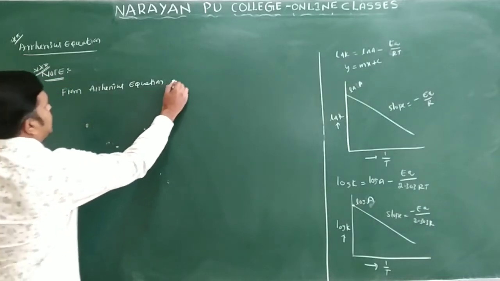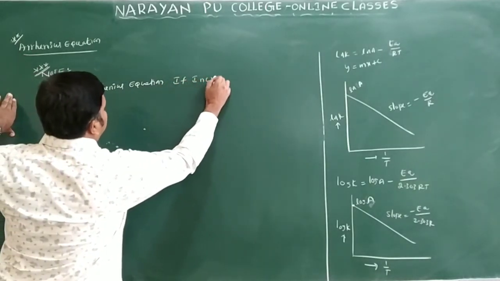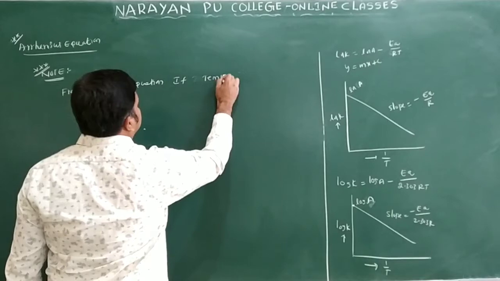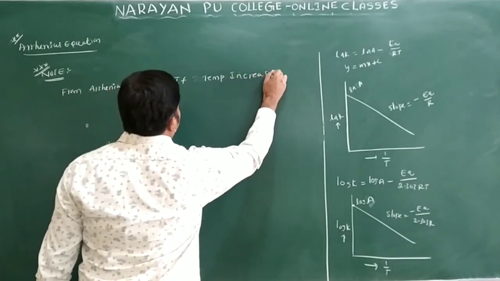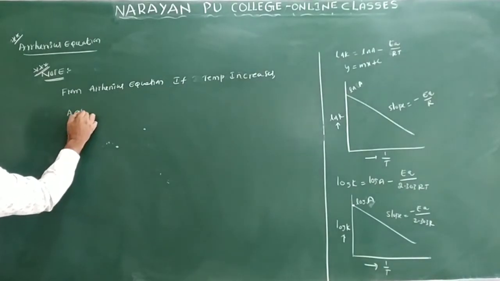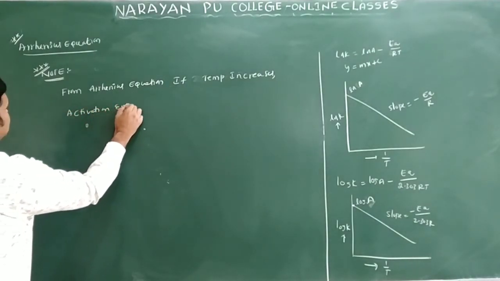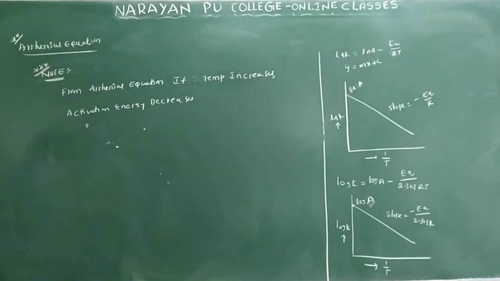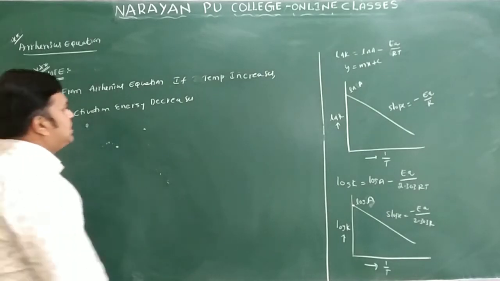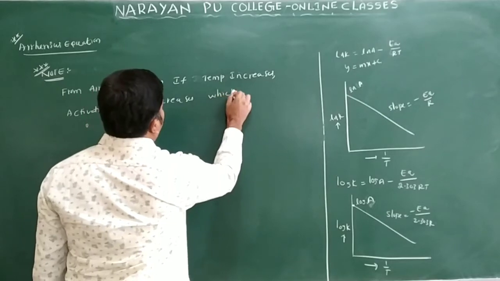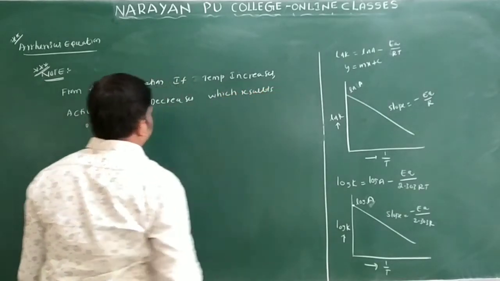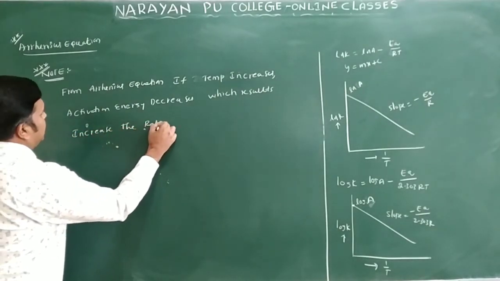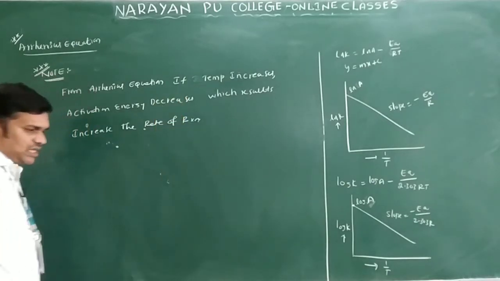From the Arrhenius equation, if we increase the temperature, activation energy decreases, which results in an increase in the rate of reaction.